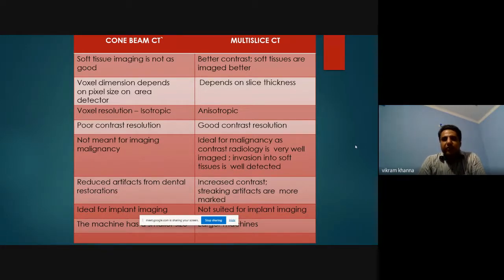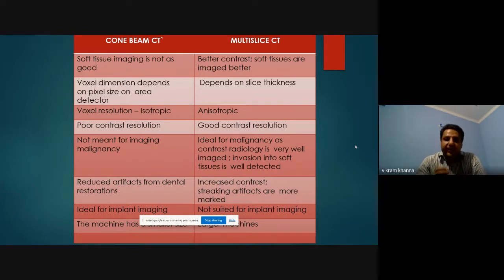What I have told you is that in CBCT, we take the volume first, then we can divide it into coronal, sagittal, or transverse. Now, voxel size depends upon the pixel size on an area detector, which means that you can cut it as thin as 0.25 mm slice thickness.